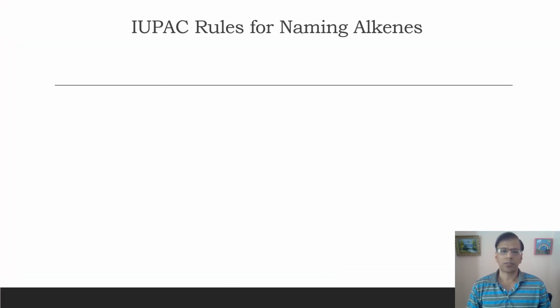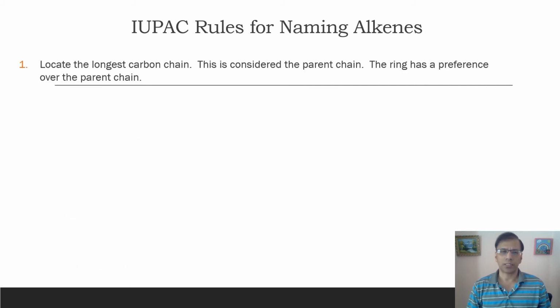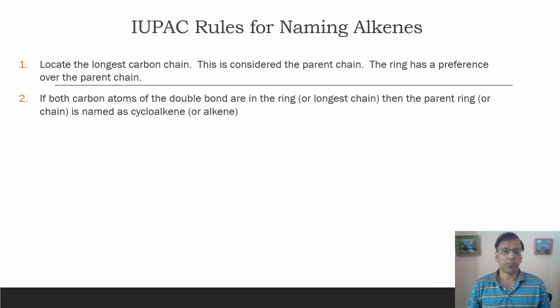So, IUPAC rules for naming alkenes. There are several steps you need to follow. The first step is to locate the longest carbon chain, and this is considered to be the parent chain. But if there is a ring, then the ring will have preference over the parent chain. If both carbon atoms of the double bond are in the ring, then it's called a cycloalkene.